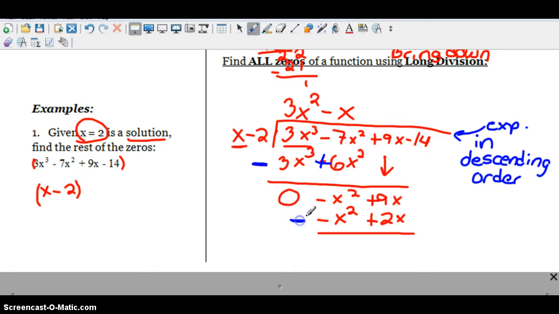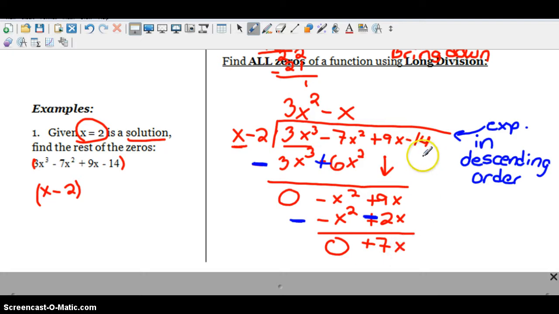But look at this. If I subtract negative, negative, these are going to become positive. Negative times this positive is going to make this negative. So I really have negative x squared plus, because I have a double negative, another x squared. That makes 0. 9x minus 2x is 7x, positive 7x.